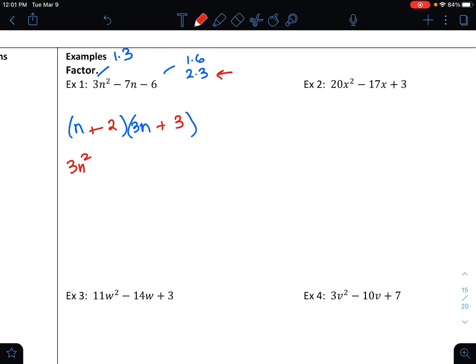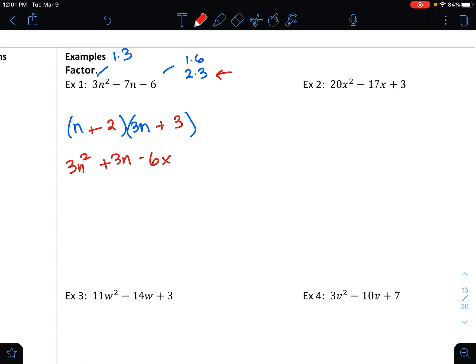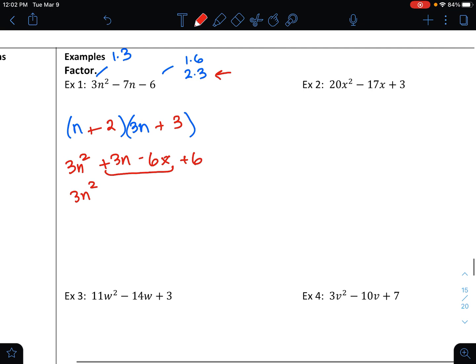I would have 3n squared plus 3n minus 6n plus 6. And then when I go to add, I switched to an x. That should be an n. These are going to add to a negative 3n plus 6. So I can make this last number say negative 6 by fixing some negatives. I already know it's going to say 3.